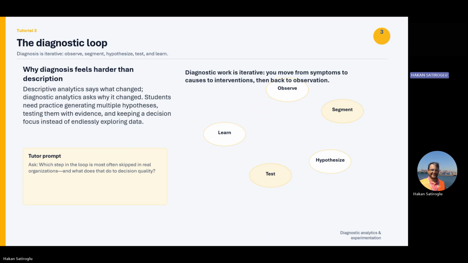Then we test those hypotheses with available evidence or experiments. Finally, we learn and decide what to do next. I will tell students that this loop is often messier in real life than it looks on a slide. Analysts may move back and forth between these stages or circle.